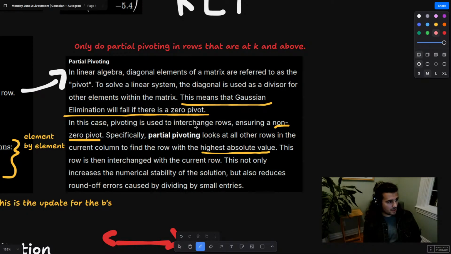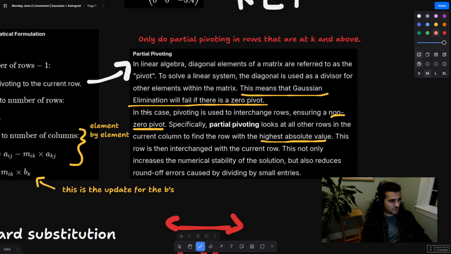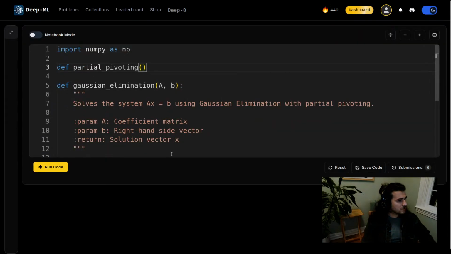And that's it. With this, it will be able to do the square thing that I need for the partial pivoting. And I will find the highest absolute value in this chunk, and then swap the rows. That's kind of what I will need to do here.